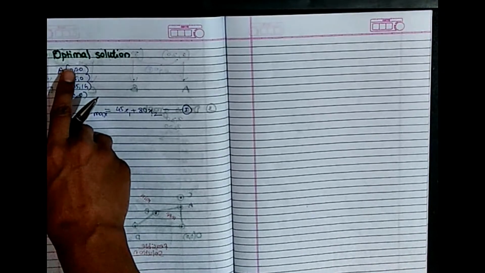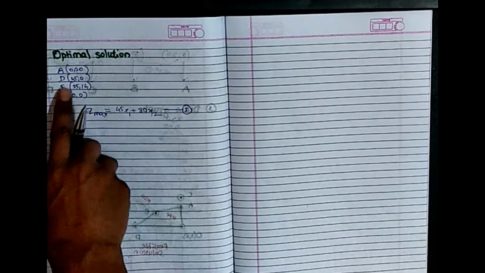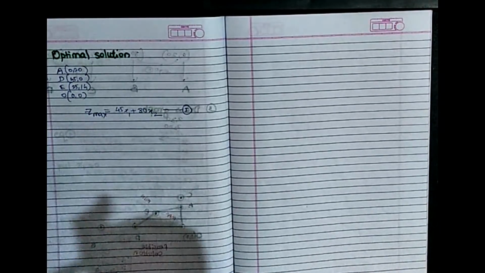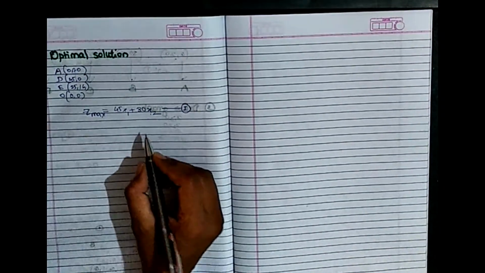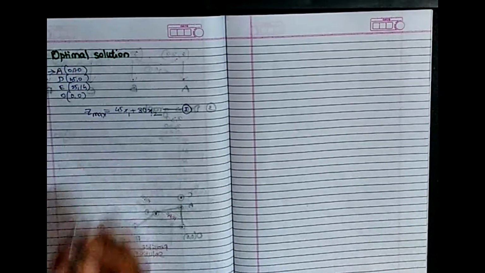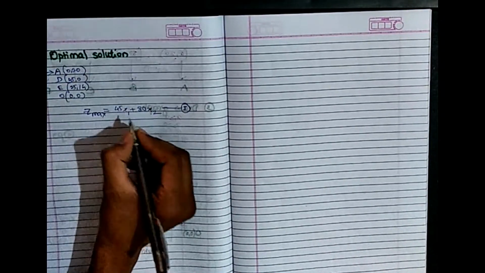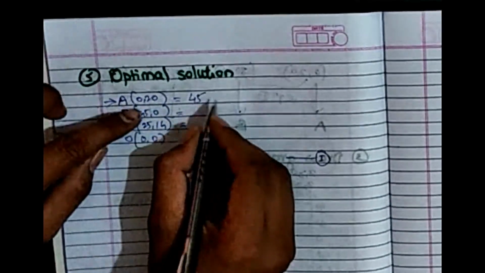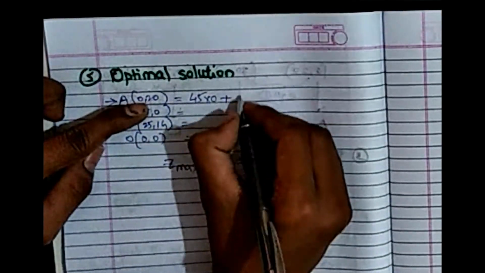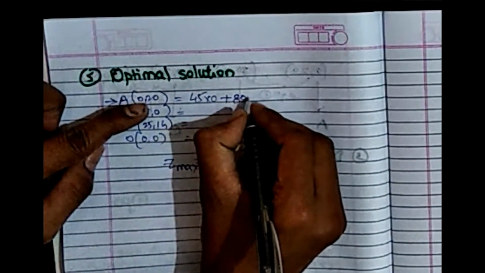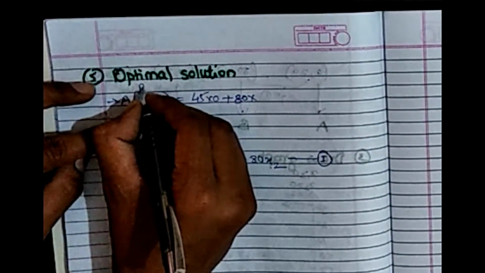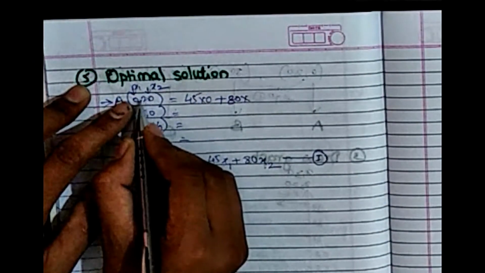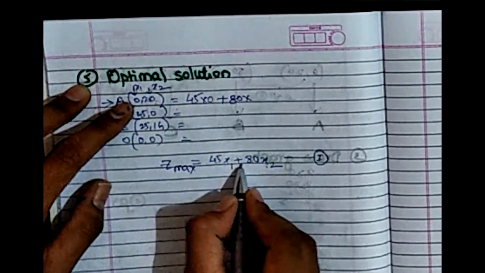We just have to put the x1 and x2 values of these 4 points in this equation, and we will get the solution.